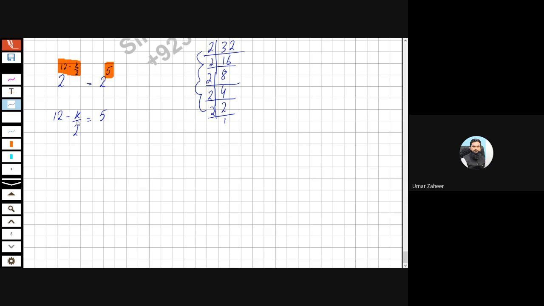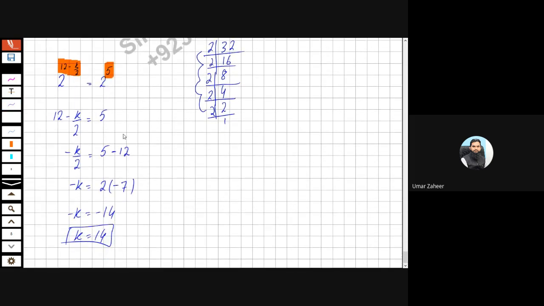The minus k over 2 is moved to the other side and the 12 is subtracted. 5 minus 12 is negative 7. So you are getting minus k is equal to negative 14, so k is equal to 14. The negative sign is cancelled from both sides.